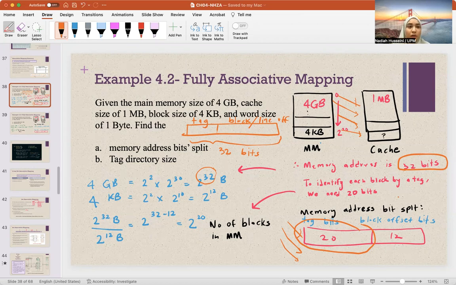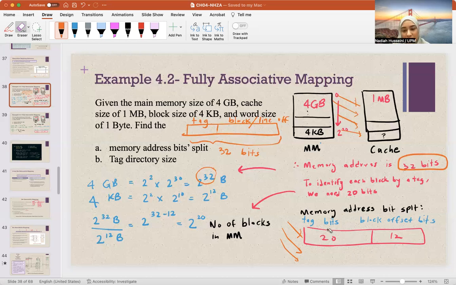So you would have a lot of tag bits compared to direct mapping, because this is your entire address over here. In direct mapping, you had 2, right? You had the number of house and then the street number.